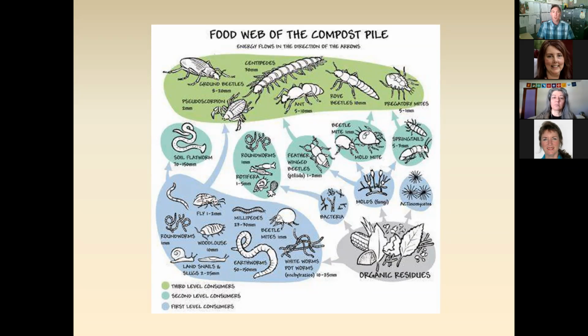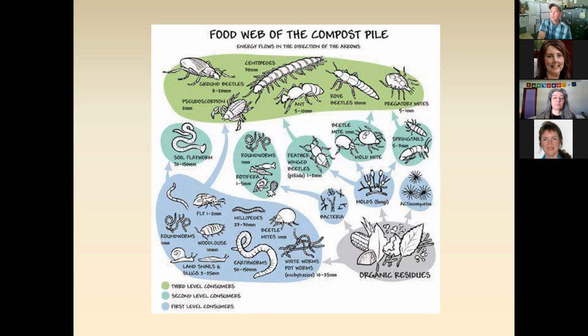Although you can make the argument that they probably contribute somehow, if you can avoid them, you want to try to eliminate as much of the larger vertebrate critters in your pile. That will be in another lesson too. So that's a good question though.